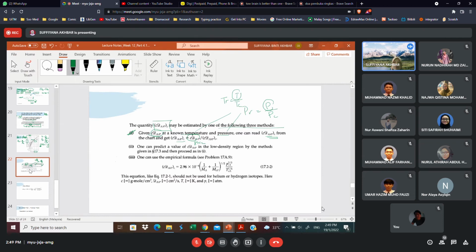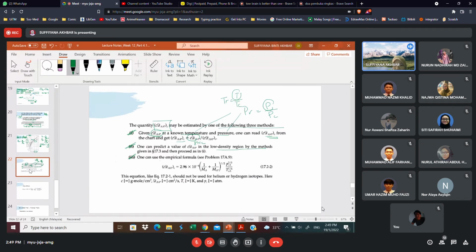Okay, so you can estimate. The second one can predict a value of CDA in the low density region by the method given in section 17.3 and then proceed as in one. So you can refer to subtopic 17.3 and then proceed with number one. And number 3, one can use the empirical formula. See problem 17A-9.